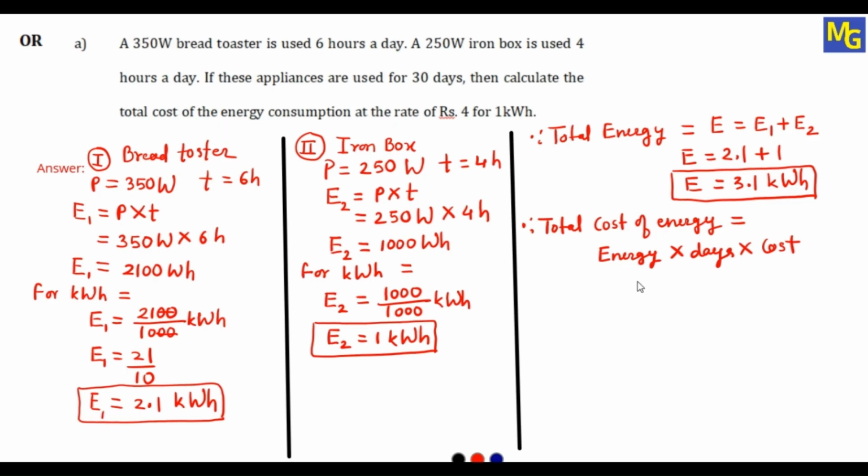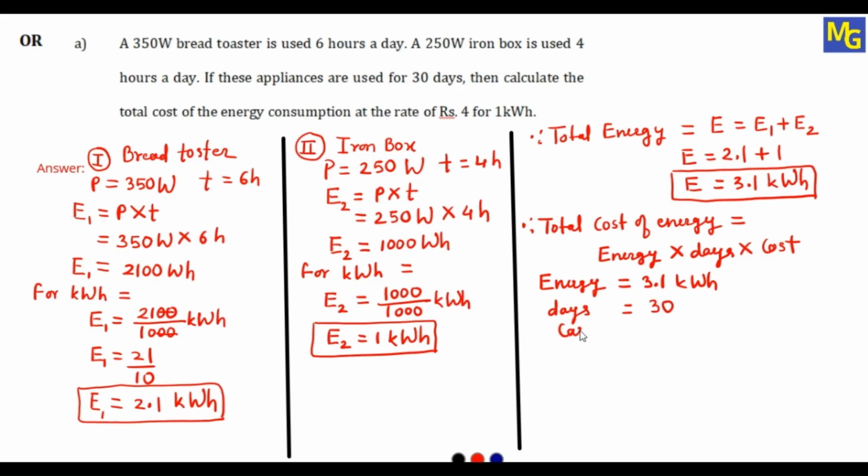So everything is given. Here energy, just now we have calculated. I'll write it here once again. Energy is how much? 3.1 kilowatt hour. And days how much? Days is 30.